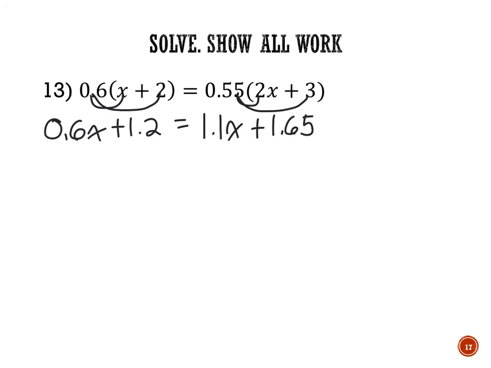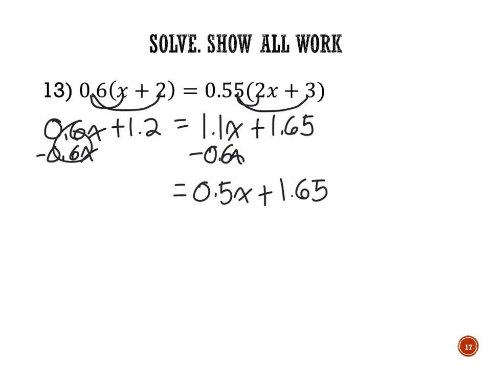I'm going to collect my variables on one side. I am going to move my 0.6x over to my right-hand side by subtracting because it's positive. So 1.1 minus 0.6 equals 0.5x plus 1.65 equals 1.2.